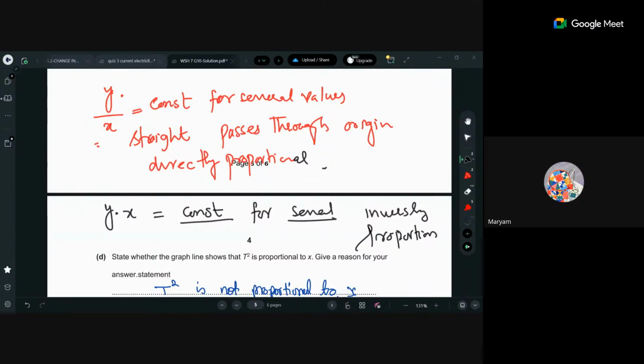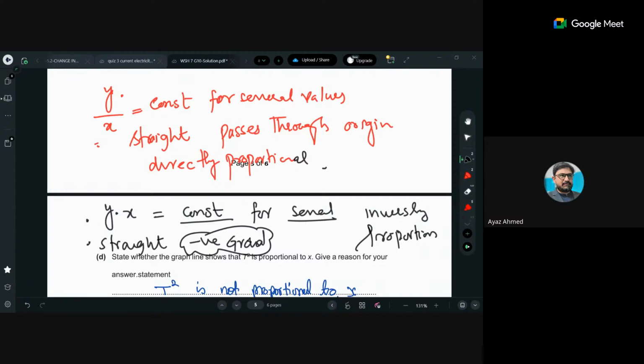Yeah, clear, sir. Okay, so this line is straight but with negative gradient. There is no way it passes through origin. That is why I don't write that the line passes through origin.